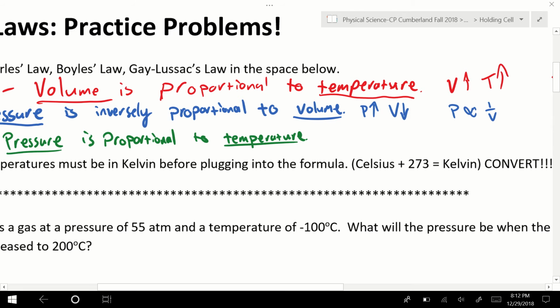What this means is as the pressure increases, temperature increases as well. You can write that out as P proportional to T.